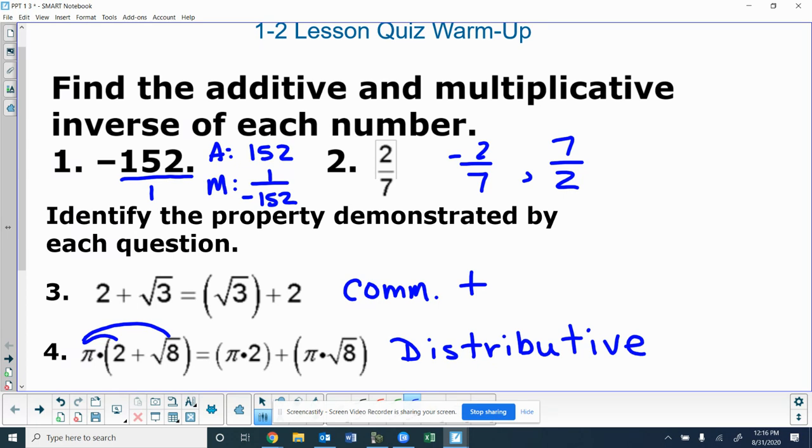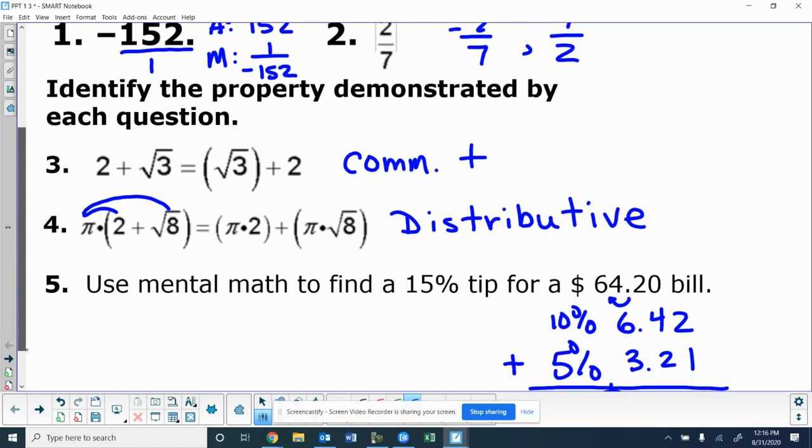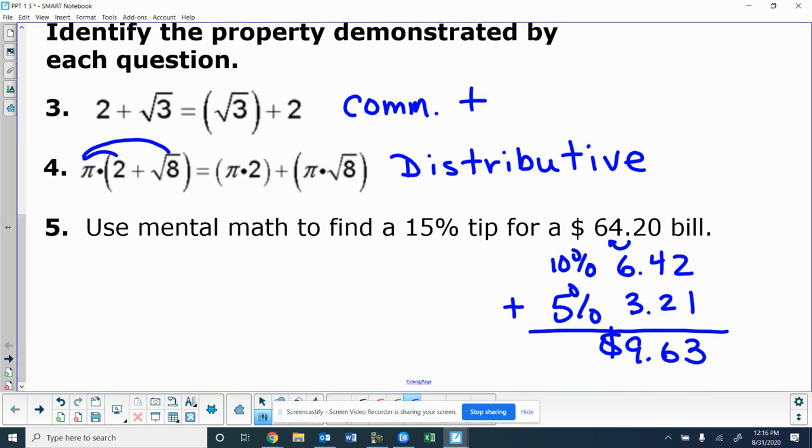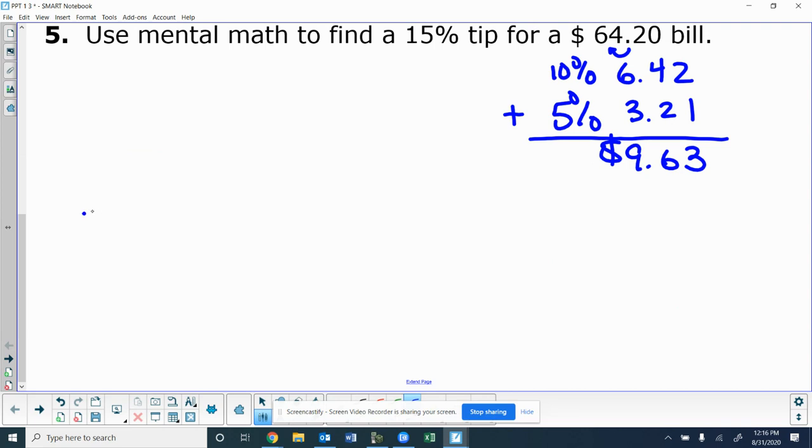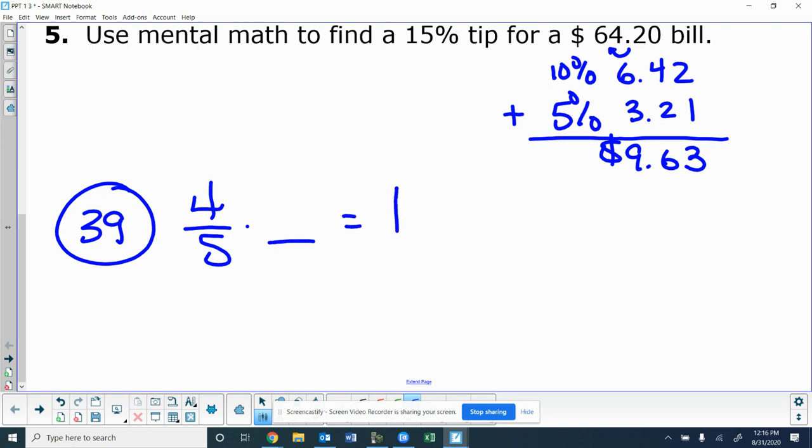Yes, 39. So we got 4/5 times what equals 1. Okay, we could do it like an equation, right?